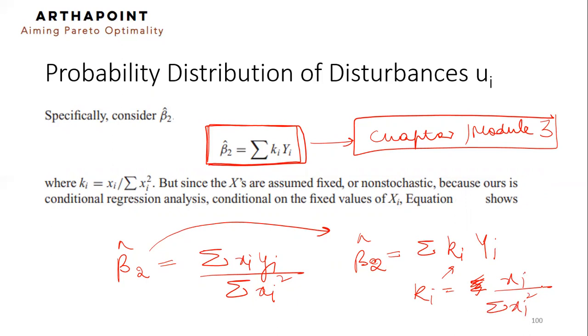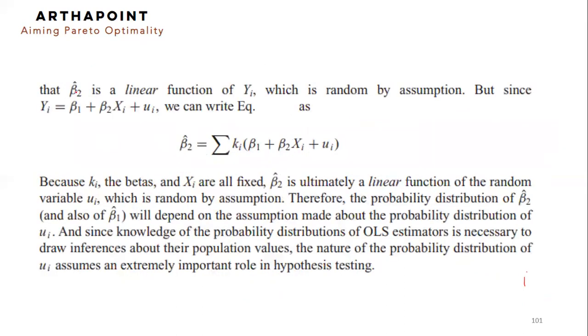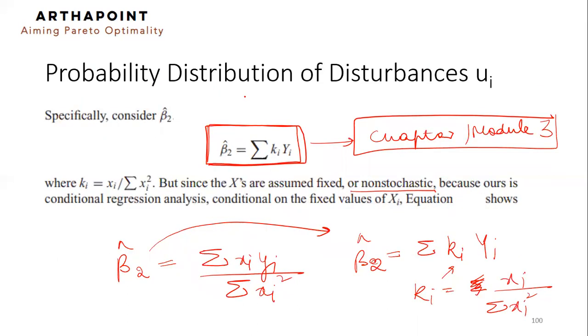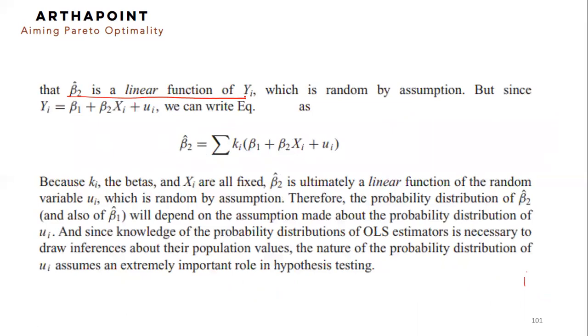Since the x's are assumed to be fixed, that is something that we have been assuming for now, that they are non-stochastic, non-random in nature, conditional on the fixed values of x's, this equation shows that beta 2 hat is a linear function of yi. Let me give you a very simple example to understand linearity.